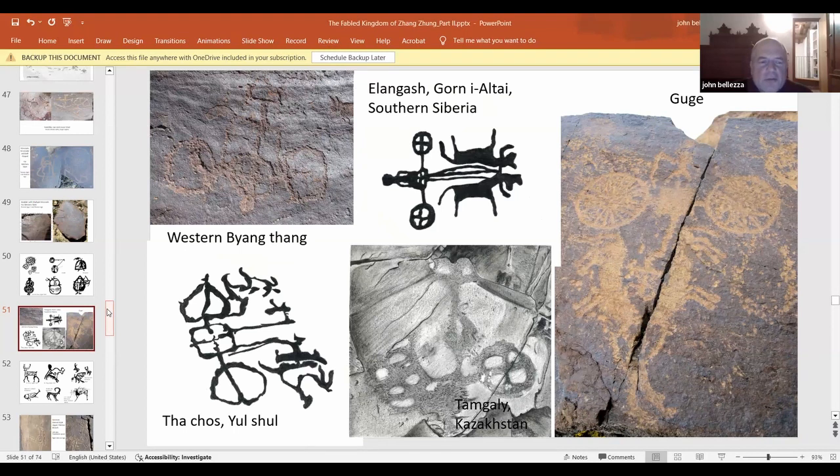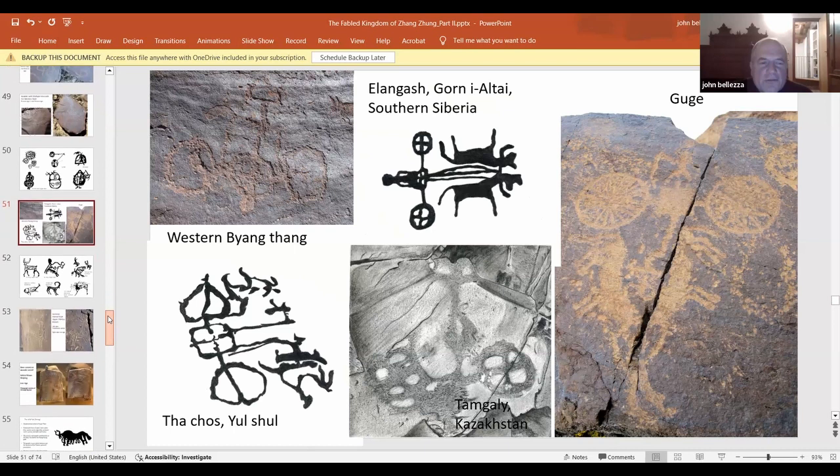Chariots, of course, go back about 2,000 years in the Sintashta culture of Western Siberia, and they spread rapidly throughout all of Eurasia, reaching Anyang, the capital of Shang China, around 1250 BCE.